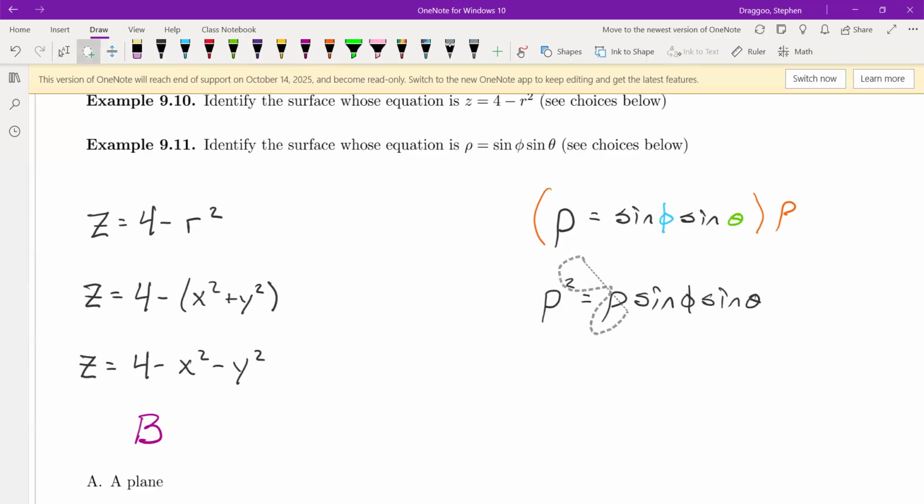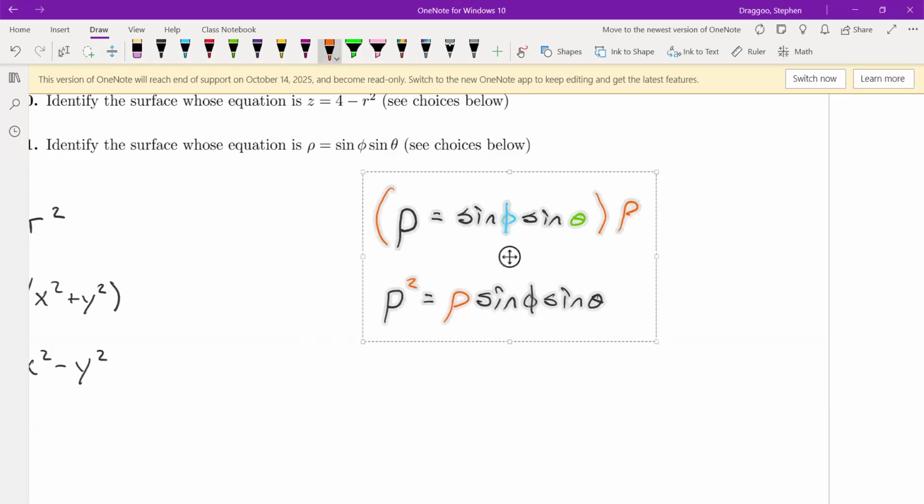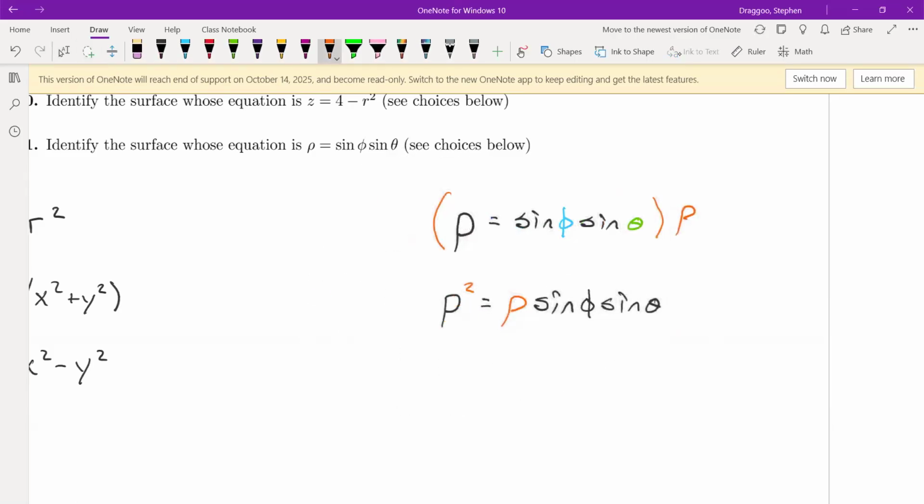Those two rhos came from me just wanting to multiply it in. Because now my substitutions are a lot nicer. I have an equation for rho squared. I know it's x squared plus y squared plus z squared.